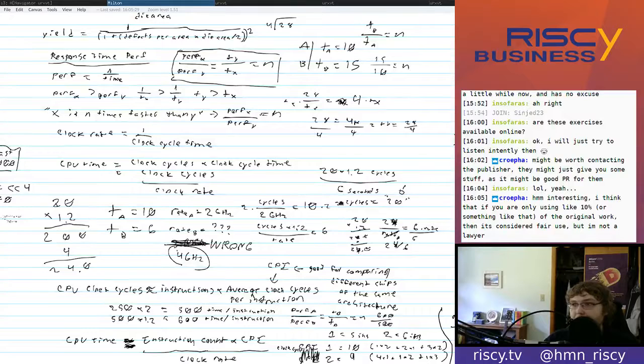Cruyff says, interesting. I think that if you are only using like 10% or something like that of the original work, then it is considered fair use, but I'm not a lawyer. Yeah, I'm not a lawyer either, and I have no idea. But we're planning to read through the entire book. I think that would qualify as using over 10% of the original. Obviously, we're adding a lot to it in that I'm adding my own thoughts to it.